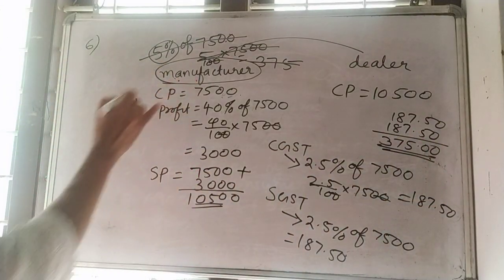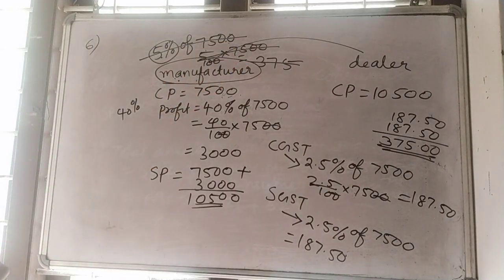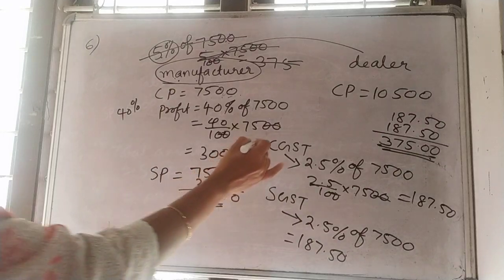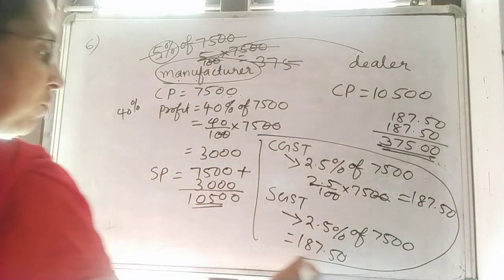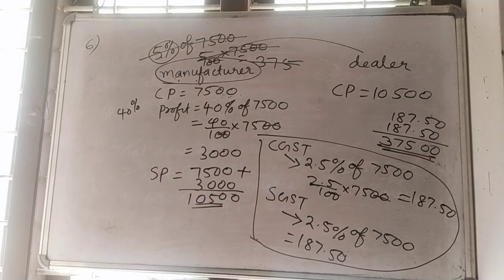So if the question is an interstate transaction, we can directly do 5% of 7,500. But our question is an intra-state transaction, so we have to do it separately. That means input tax means input CGST and SGST we have to find out. So input CGST is equal to 187.50 and input SGST will be 187.50.